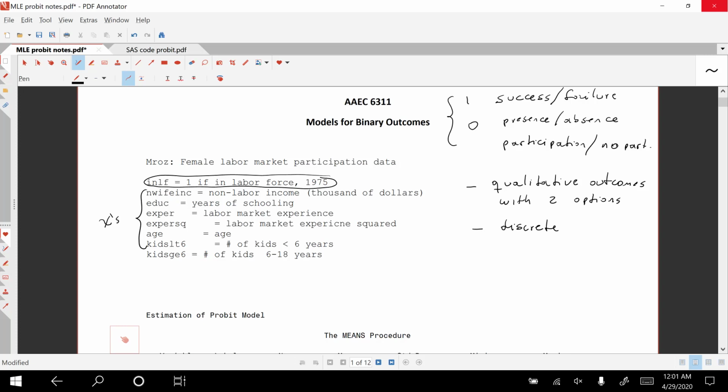The explanatory variables considered were non-labor income, education, years of schooling, experience, also experience squared, age of the individual, and also if the females have kids, so it was the number of kids under 6 years, and also the number of kids from 6 to 18 years. So that's the broad context of the problem. So this is the binary outcome, in the labor force. That's an example.